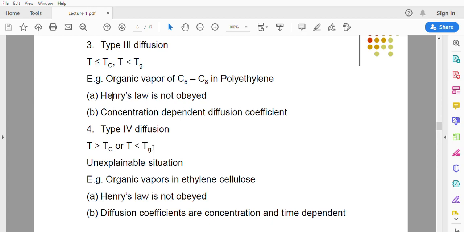For example, if you want to separate methane and ethane, which at room temperature are supercritical vapors, or you want to separate hydrogen from air, or hydrogen from methane in natural gas.